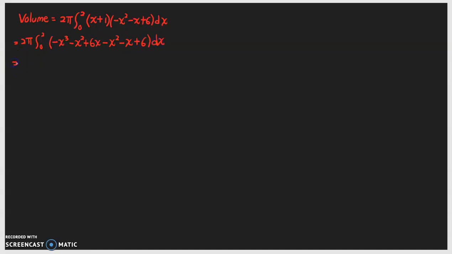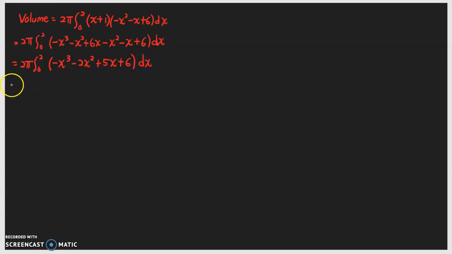So I try to simplify: 2 pi, integrate from 0 to 2, negative x cubed, negative x squared minus x squared, negative 2x squared, plus 6x minus x, plus 5x, plus 6.